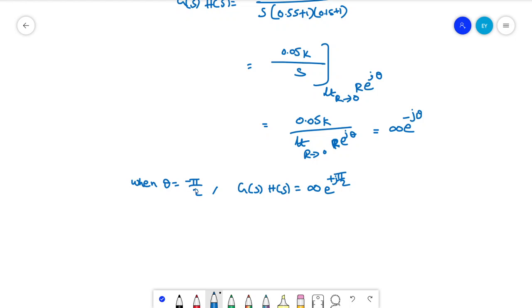When you apply minus pi by 2 to this function, it becomes plus pi by 2. Similarly, when you apply theta equal to pi by 2, g of s into h of s will be infinity e power minus j pi by 2.